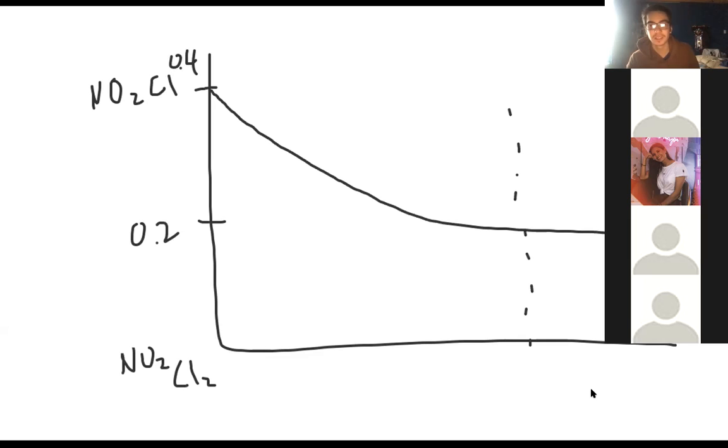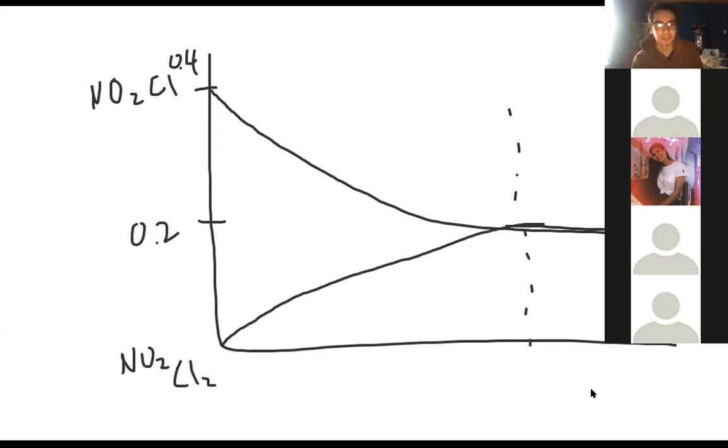That's when the concentration doesn't change anymore. Then we can do the same for our NO2. We start off at 0 until we reach a concentration of 0.2, where it flattens off.